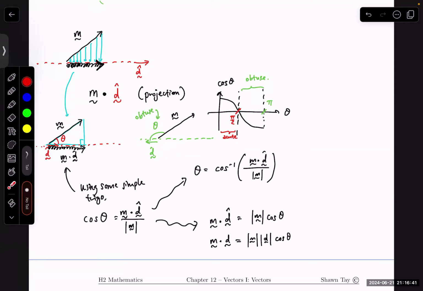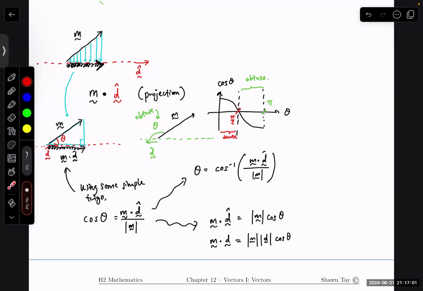When we do cosine theta and theta is obtuse, we get a negative number, right? We can't do cosine inverse on a negative number, right?